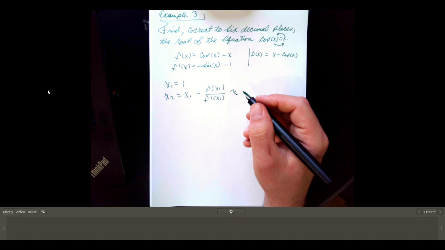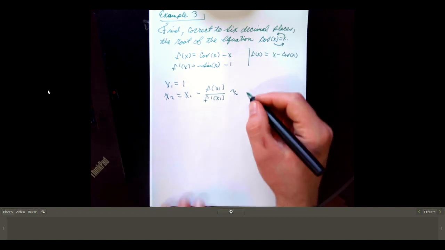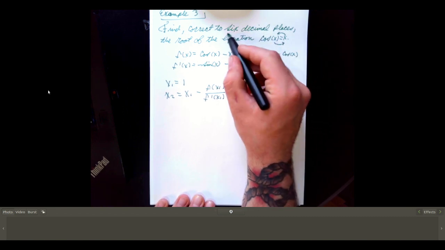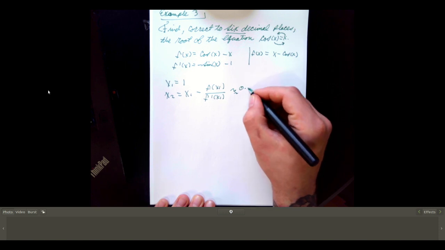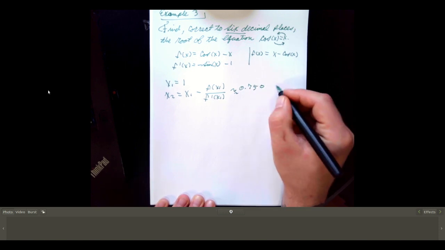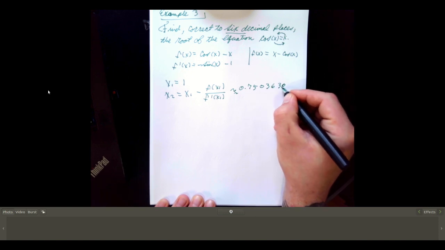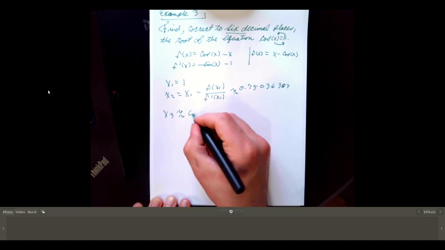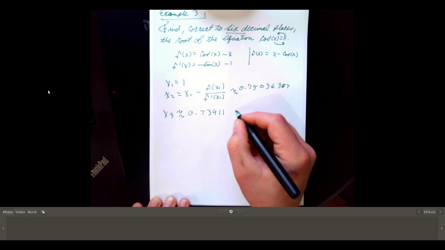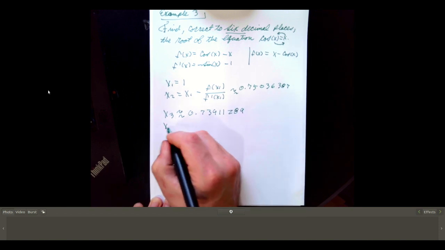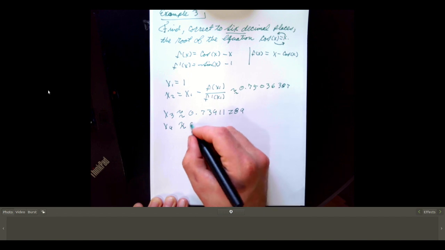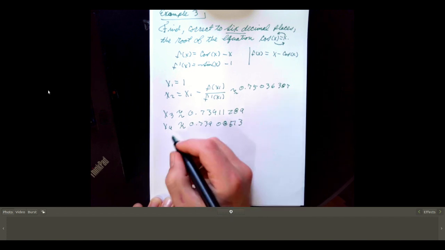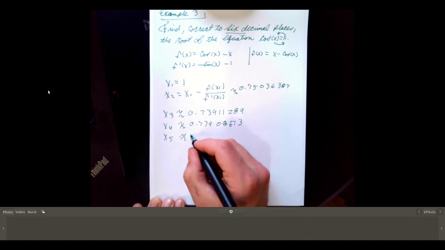We'll list these out to 8 decimal places, and we'll make sure it's accurate to 6. x2 is about 0.7503637. You turn the crank again, x3 would be about 0.7391128. x4 would be about 0.73908513, and x5 would be about 0.73908513.